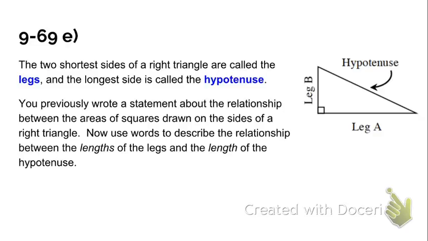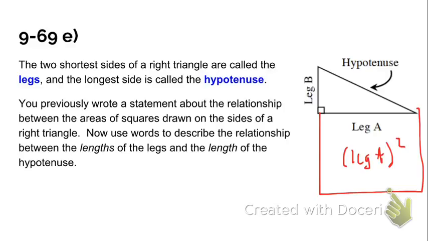Okay, so essentially what we're going to get out of this is, the relationship was always leg A, so whatever the length of leg A was, we would multiply it by itself. So let's go ahead and call that leg A squared.